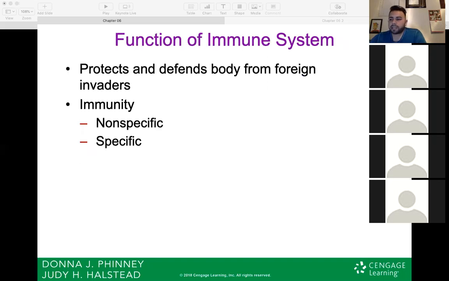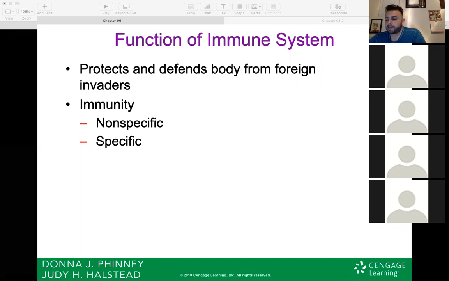So the immune system protects and defends the body from pathogens, foreign materials, debris, and damaged cells. Non-specific immunity refers to the body's defense against harmful agents, and specific immunity acts against selected agents. So what that means is when we're born, we have non-specific immunity that develops to keep our most known harmful things from invading our bodies.